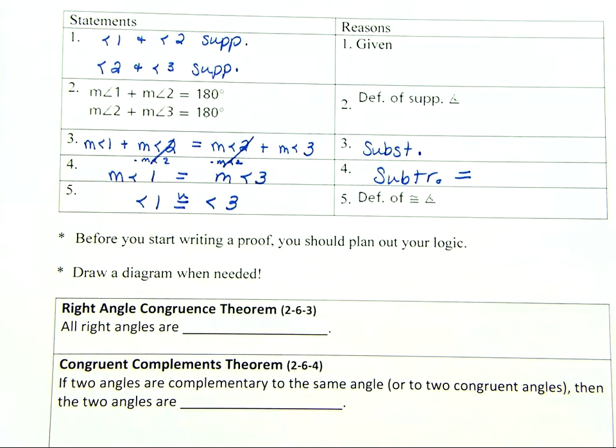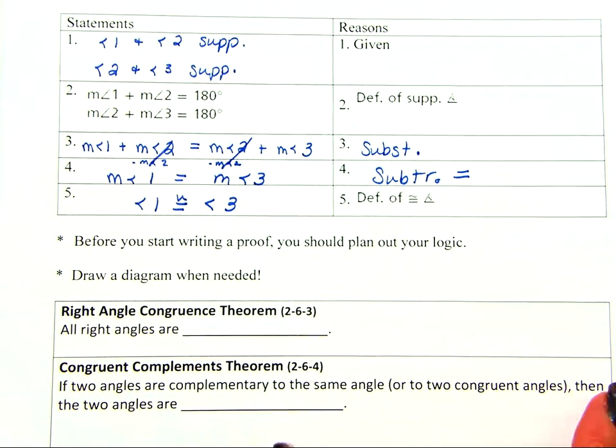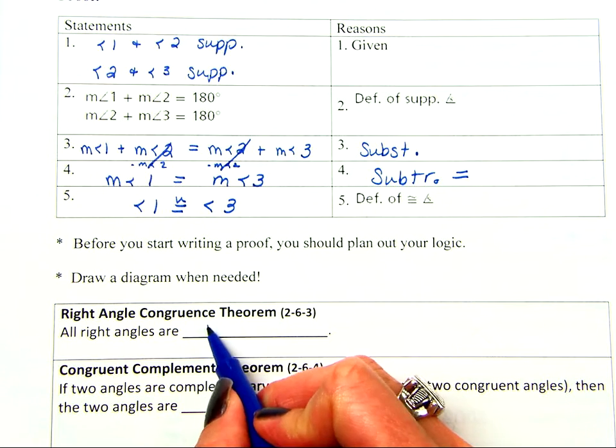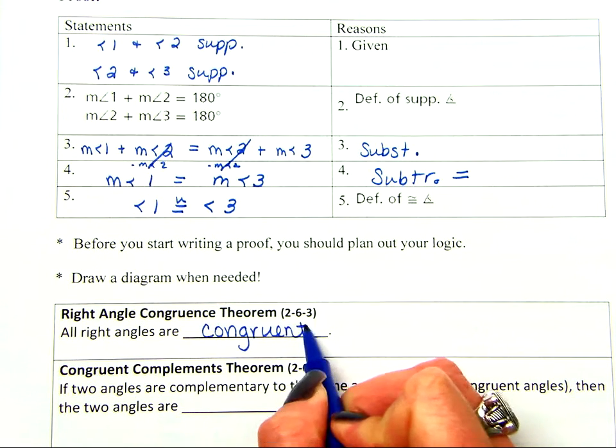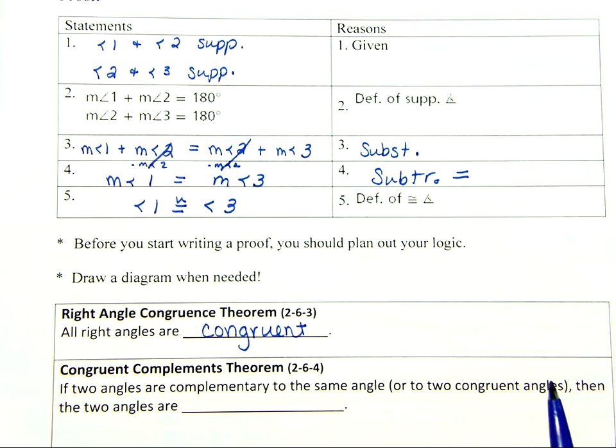Down below, my right angle congruence theorem says all right angles are congruent. We know that if angle A equaled 90 and angle B equaled 90, angle A would have to be congruent to angle B. They have the same measure.